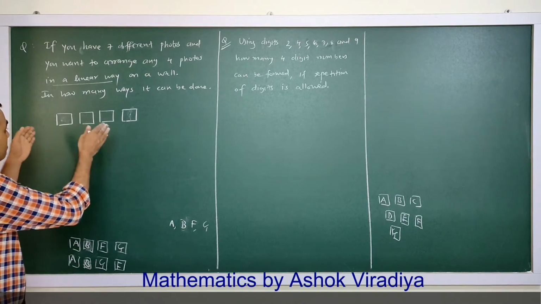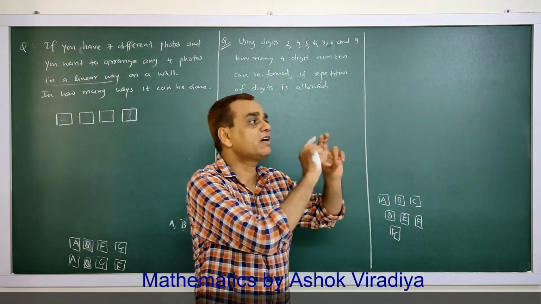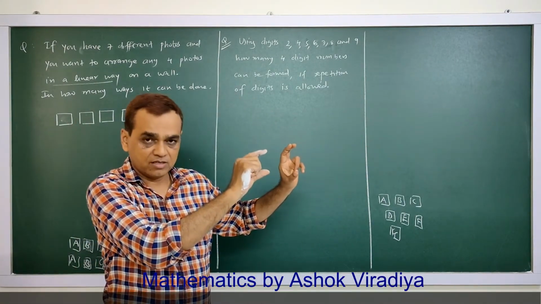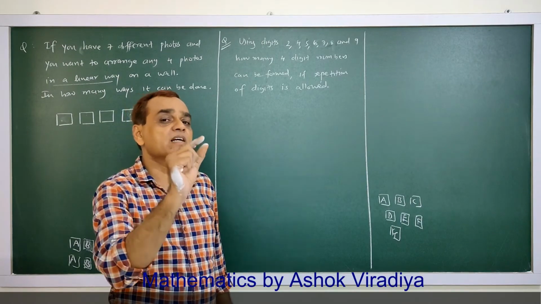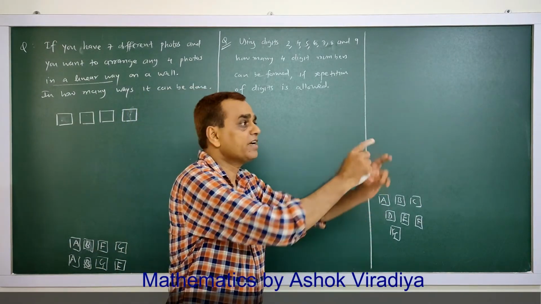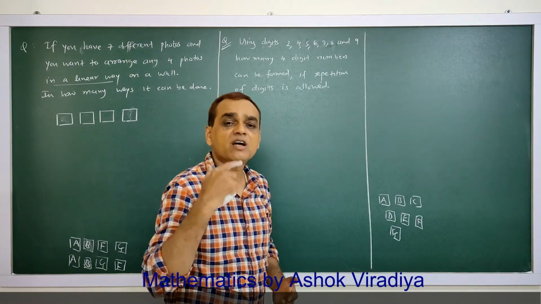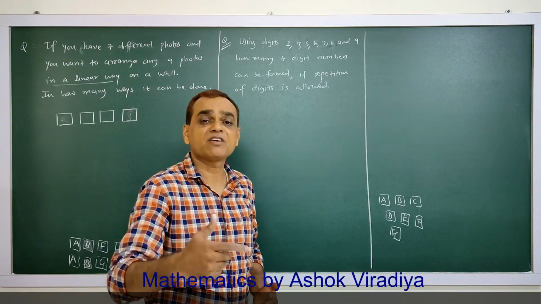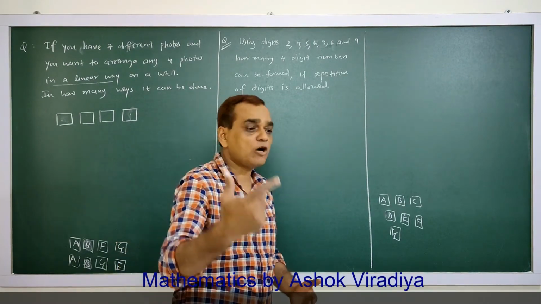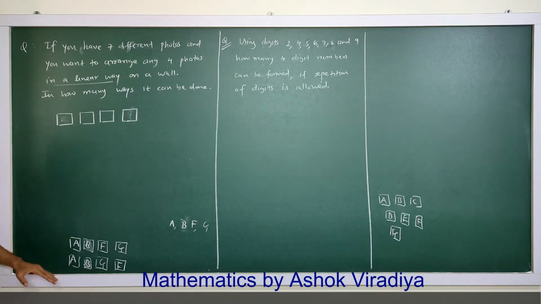Set 4 pictures on a wall, every time take a click. No photo arrangement should be repeated in the clicks taken by the camera. That means different arrangement, different permutation. So how many such distinct permutations can be done? That is the question.